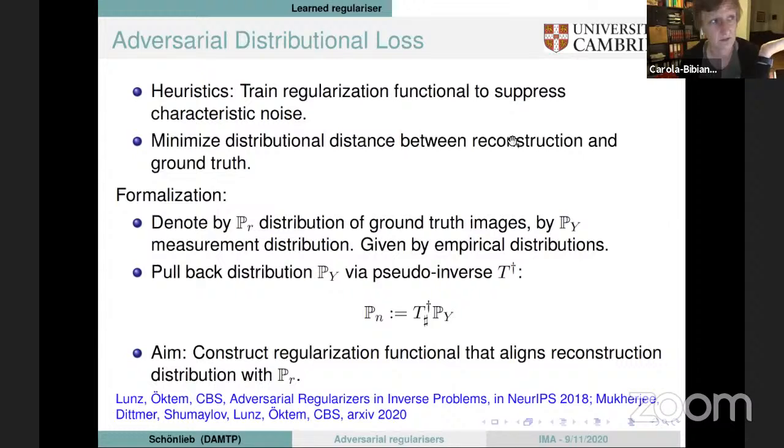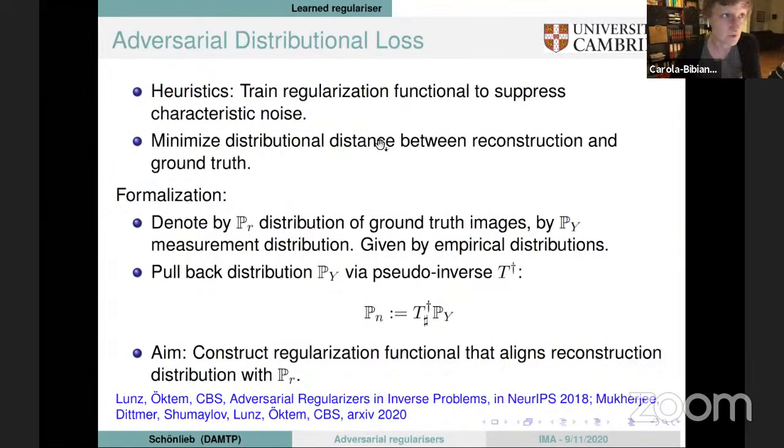And here I don't just mean Gaussian noise or Poisson noise or whatever. What I mean is also the noise that is deterministic, that is generated by the inversion of the forward operator, by the ill-posedness of the forward operator, like these streak artifacts that we have seen with CT. So the regularizer should somehow suppress these.